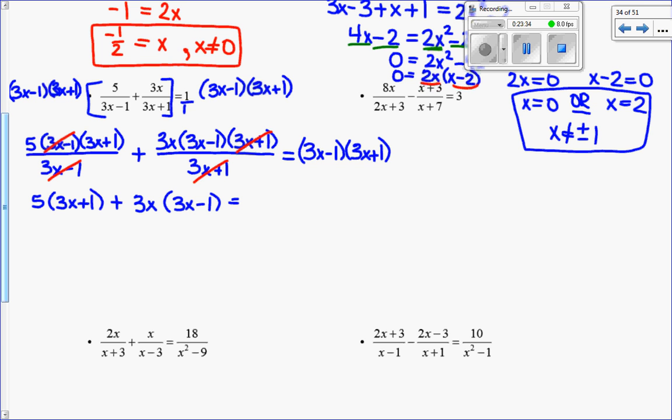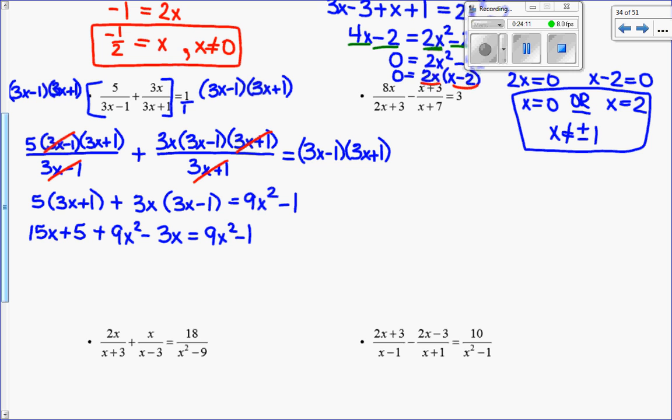Let's multiply that out right now and see what that is. 3x times 3x is 9x squared. Positive 3x minus 3x cancels each other out. Negative 1 times positive 1 is negative 1. Okay, now we have some canceling out, or sorry, some multiplying to do here. 5 times 3x plus 1 is going to be 15x plus 5, plus 3x times 3x minus 1 is 9x squared minus 3x equals 9x squared minus 1.